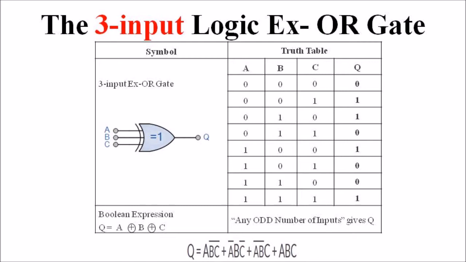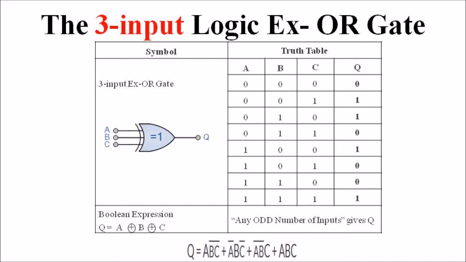Here the inputs are A, B and C, and the Boolean expression is Q is equal to A XOR B XOR C, read as any odd number of inputs gives Q. This means that 0 XOR 0 XOR 0 gives 0, 0 XOR 0 XOR 1 gives 1, 0 XOR 1 XOR 0 gives 1, and 0 XOR 1 XOR 1 gives 0. Here we can see two inputs are high, therefore the output is 0. Similarly, the condition goes on.